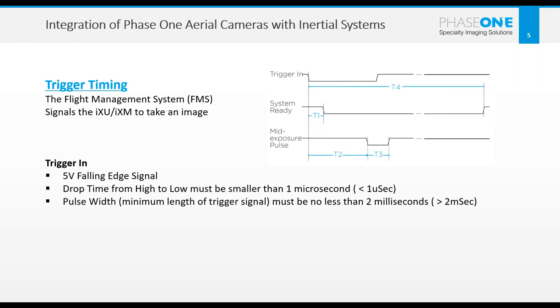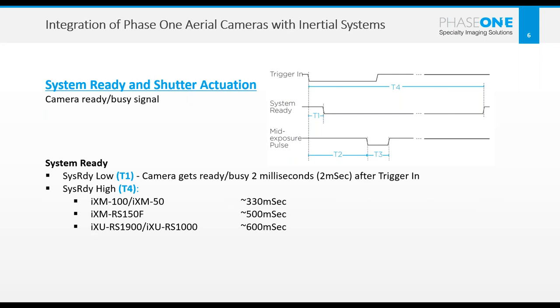It's because we have a system-ready signal that can only be initiated after 2 milliseconds. So if you see the first line showing the trigger, it's showing the trigger in with a pulse longer than the timing 1. Here is 2 milliseconds for the system ready, and the triggering pulse width is a little bit longer.